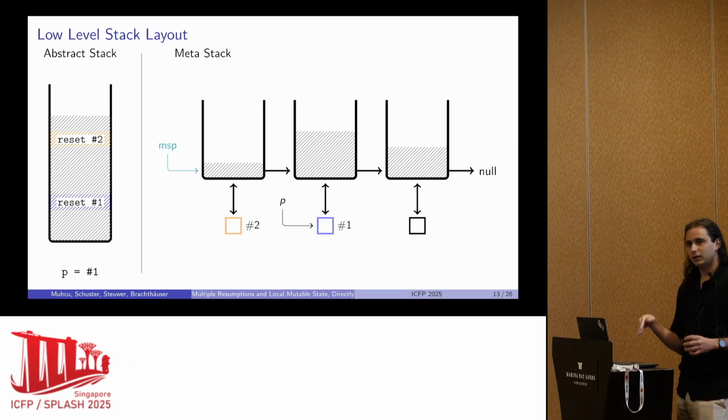Right, and finally, if we have a label on the left side, this p equals number 1, we instead store a pointer to this prompt 1 here. That also means that the label itself is actually not included in the low-level representation.